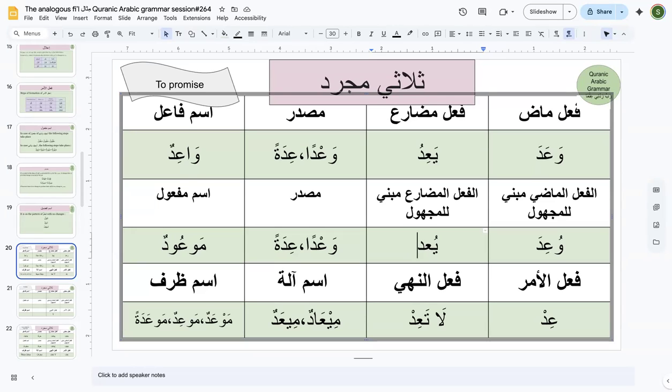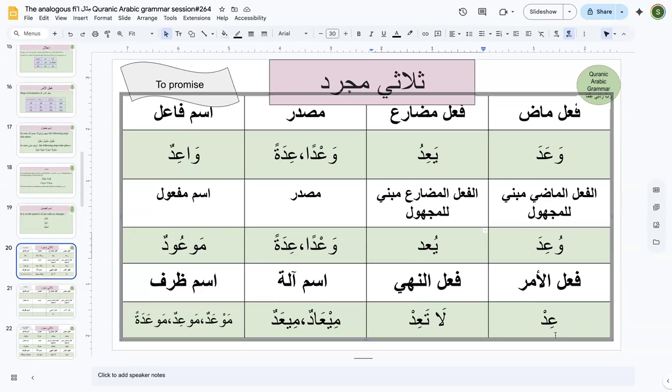Maw'udun, maf'ulun. Any change that you are finding in here? No change. When it comes to wa'idun, ism fa'il, any change that you are noticing? There is no change, right?